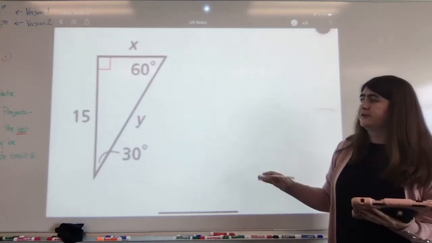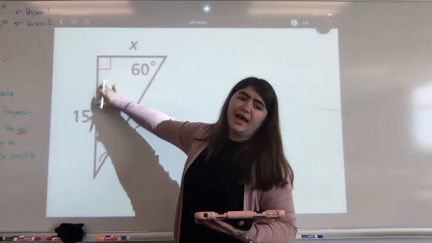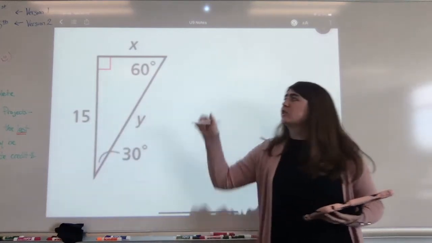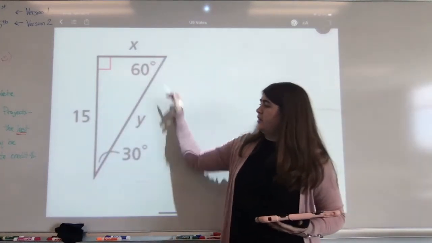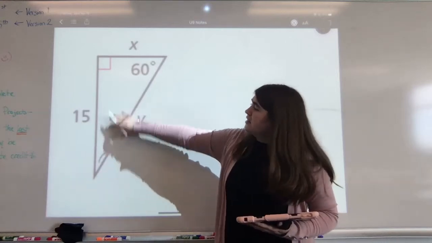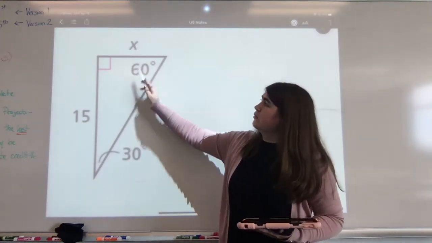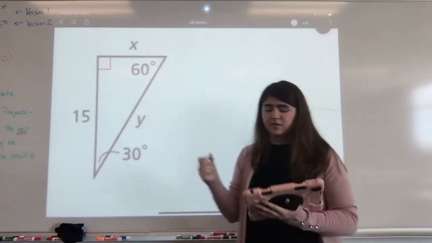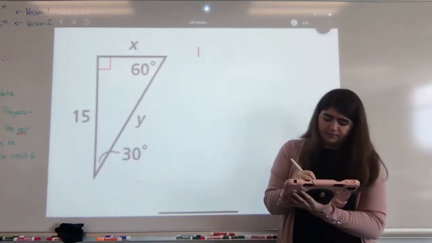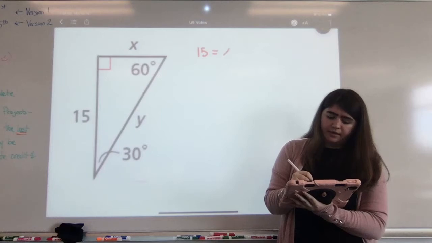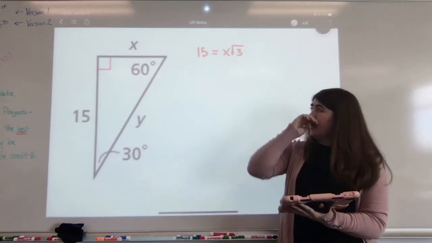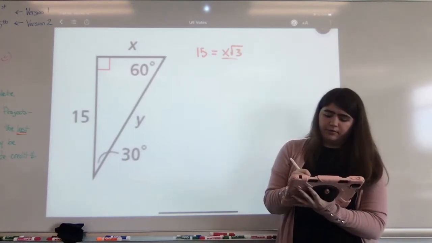This one's a little different because it gives us our second leg instead of either the shortest side or the hypotenuse. This leg is the one that is equal to the square root of 3 times our shortest side. So I have 15 is equal to x square roots of 3. I'm going to divide out the square root of 3 from both sides.